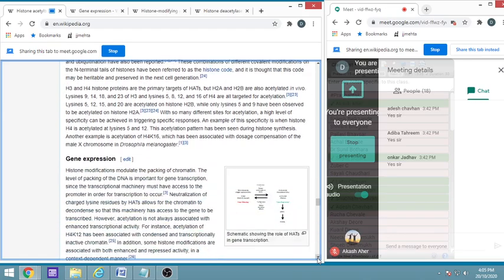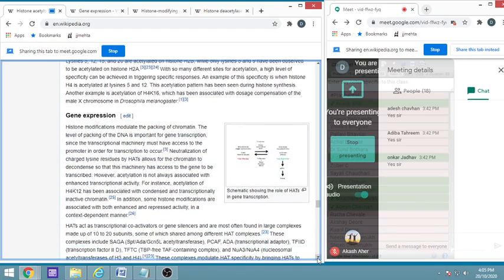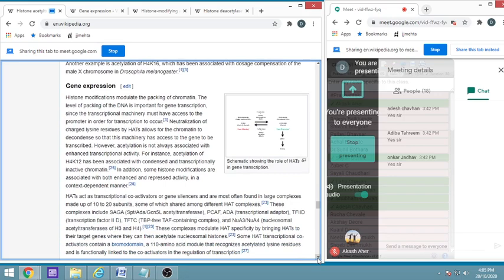Now we know what gene expression is, and they are important in two ways. One is neutralization of charge, and therefore easy release of DNA, and the other is forming the bromodomain. So there are two important things we have already seen. They also act as transcriptional co-activators for gene silencing, and they are most often found in large complexes made up of 10 to 20 subunits, shared with the different HAT complexes.